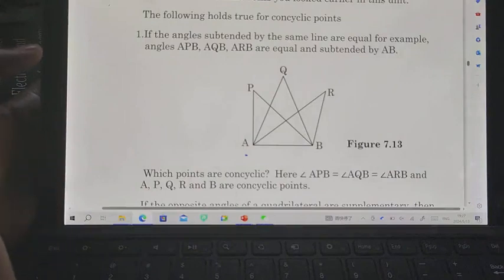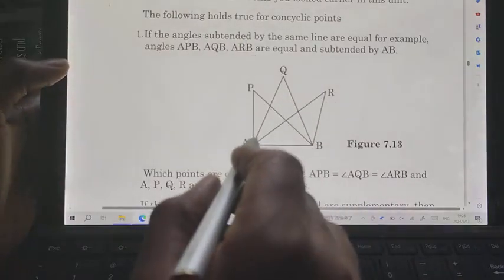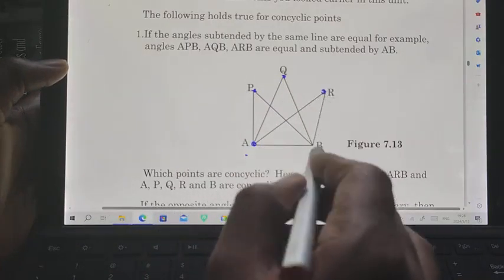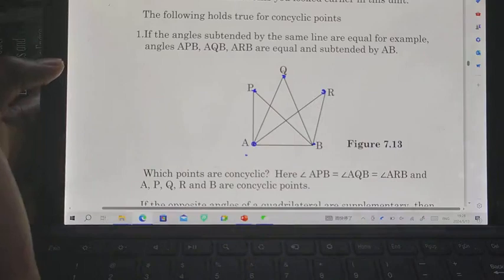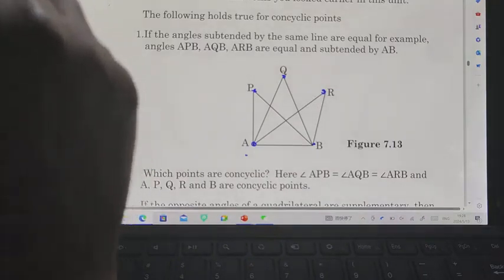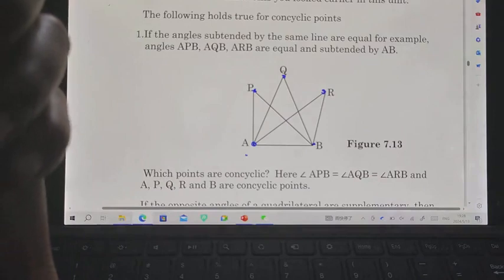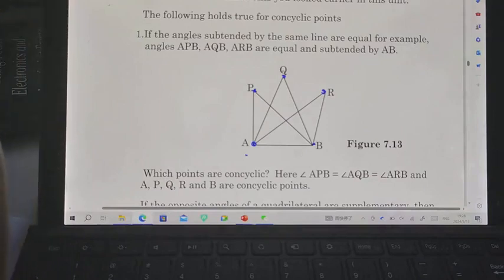We can have a thing like this one. We might be asked to show that these points, point A, P, Q, R, B, are concyclic. In other words, we have to show that they are lying on a circumference. So ntchito yaikulu ndimene tipange in this part.